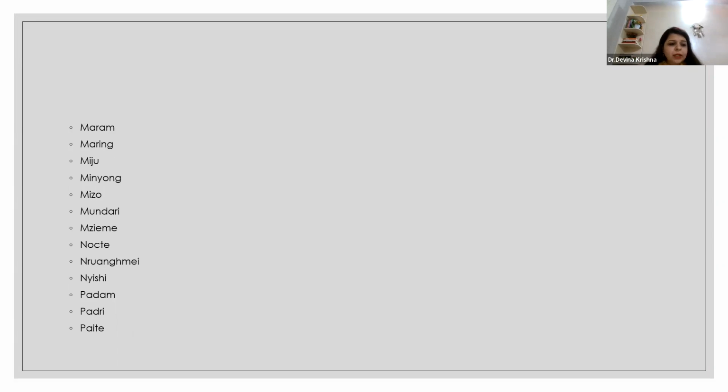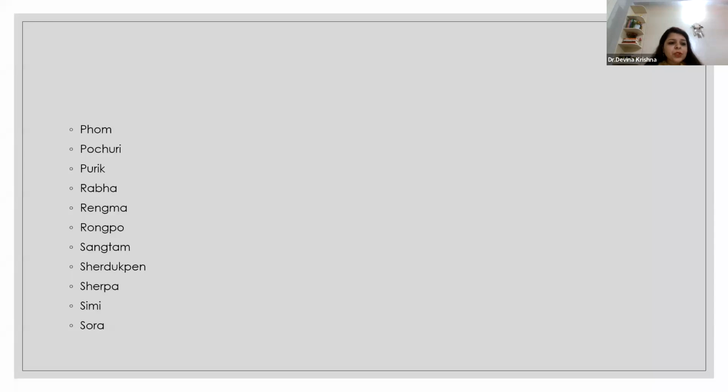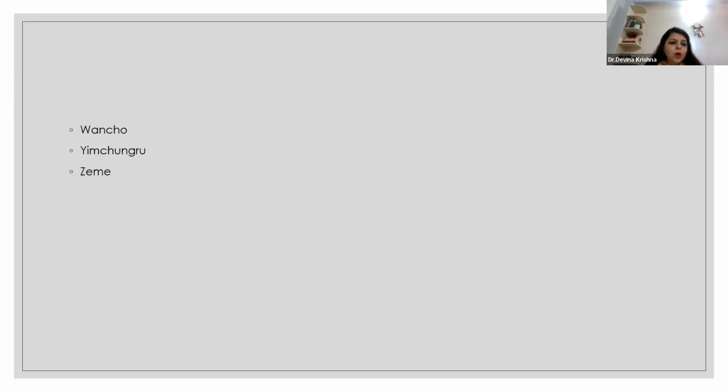Padam, Padri, Paite, Fom, Pochuri, Purik, Rabha, Rengma, Rongpo, Sangtam, Sherudukpen, Sherpa, Simi, Sora, Spiti, Tagin, Tamang, Tangkul, Tangsa, Taruang, Tawang, Thado, Shangla, Tulu, Saurashtra, Wancho, Yimchungru, and Zeme.